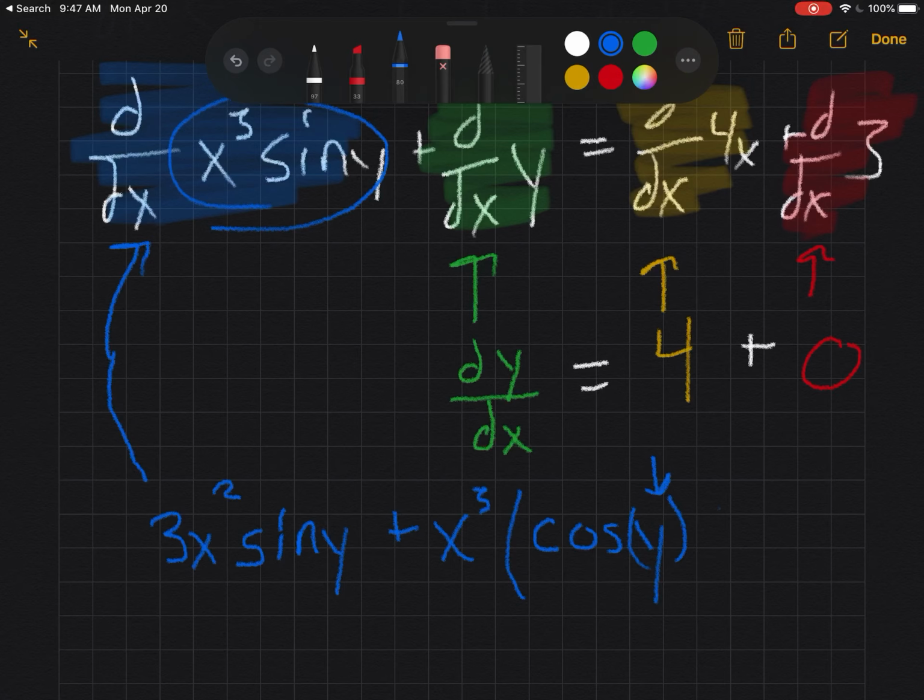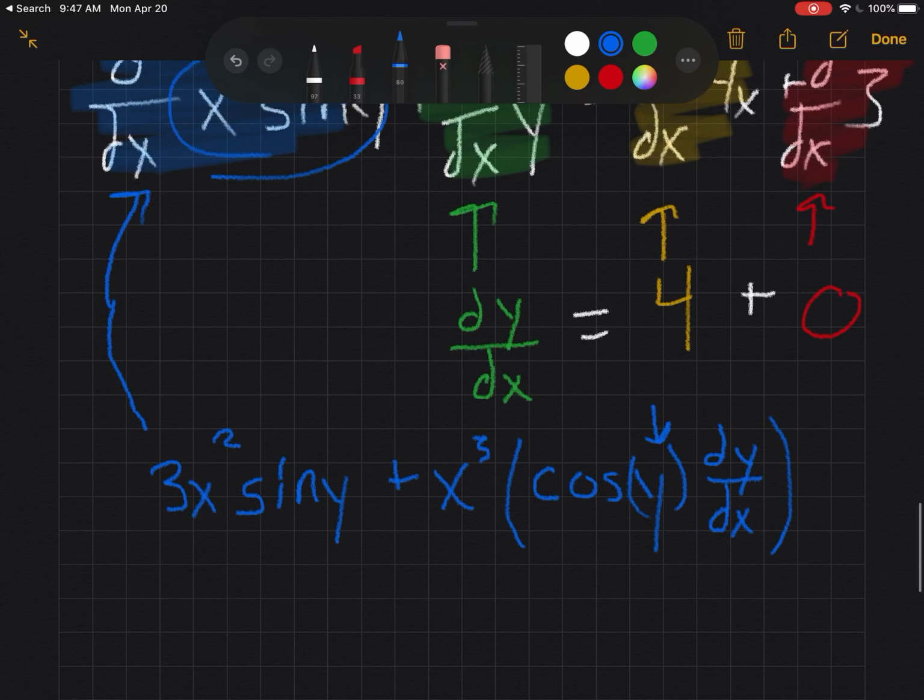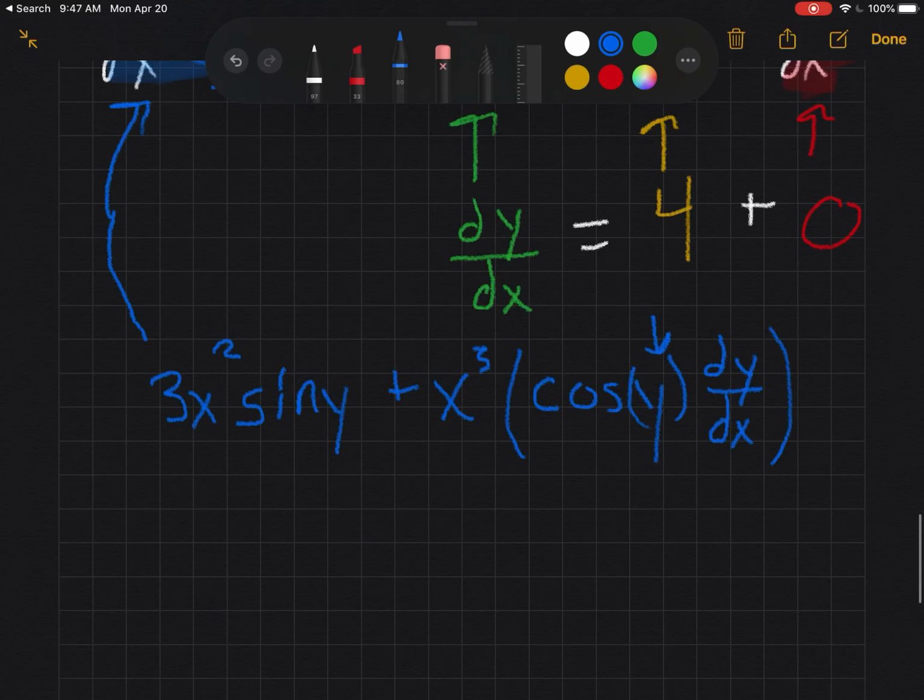Then I'm going to add to that my function x cubed times the derivative of sine of y. Again, here we're going to have to use the chain rule for the derivative of sine of y. So the derivative of sine is cosine of y. And then we want to take the derivative of this inside function, this y, which will just be the derivative of y with respect to x. And that would be our derivative piece there.